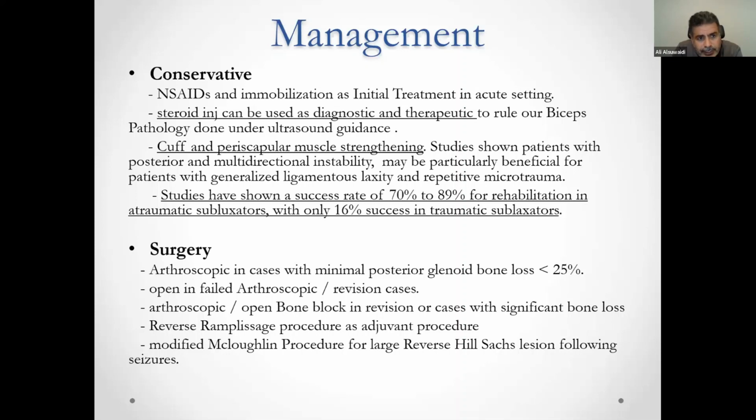The primary treatment is non-operative initially, with cuff and periscapular muscle strengthening, trying to rehabilitate the periscapular muscles and improve the scapulothoracic rhythm. Particularly in atraumatic posterior instability, I think those are very helpful, and those patients have to undergo this for at least 2 to 3 months and do at least 20 to 30 sessions with a good therapist.